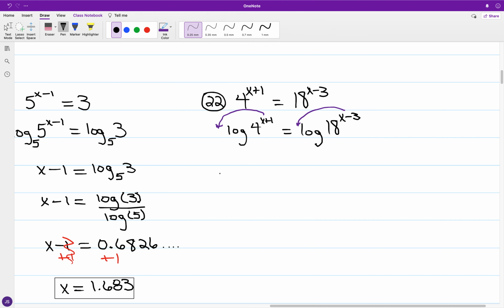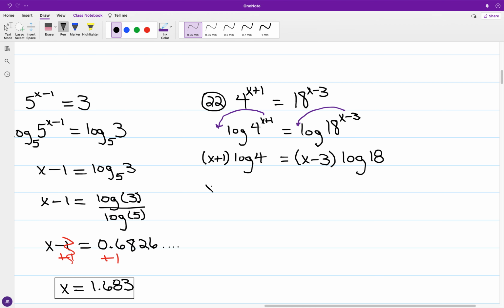So for this term, we can say we have all of x plus 1 times the base 10 logarithm of 4 is equal to all of the quantity x minus 3 times the base 10 logarithm of 18. Now I'm going to remove the parentheses, so we have a couple of base 10 logarithmic terms on the left hand side.